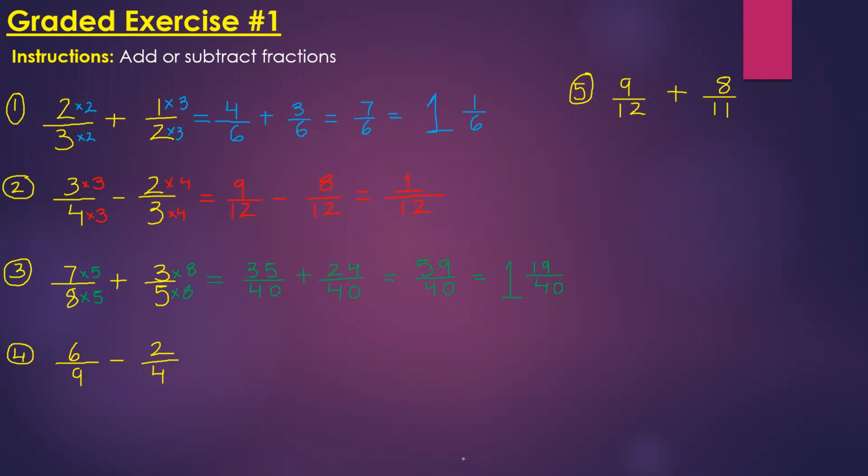So we multiply 9 times 4 and 6 times 4, and 2 times 9 equals 54 over 36, subtract 18 over 36. Great. So you're saying that the lowest common multiple is what? 36.